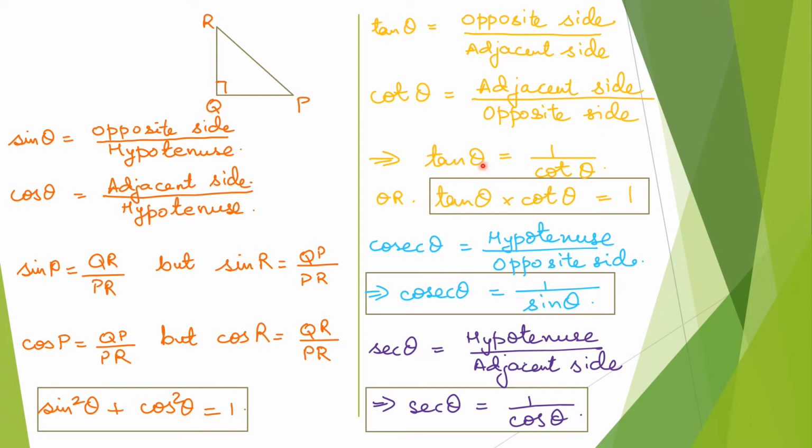So I get tan theta is equal to 1 upon cot theta, or tan theta into cot theta is equal to 1. Cosec is the reciprocal of sine, that is hypotenuse divided by opposite side, and sec is going to be the reciprocal of cos, which will mean hypotenuse divided by the adjacent side.